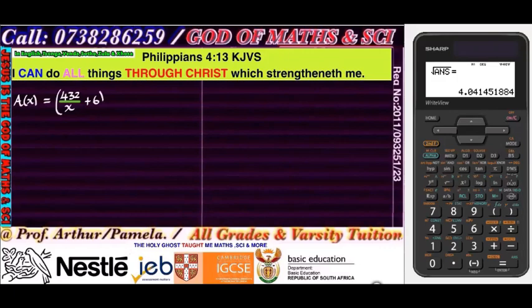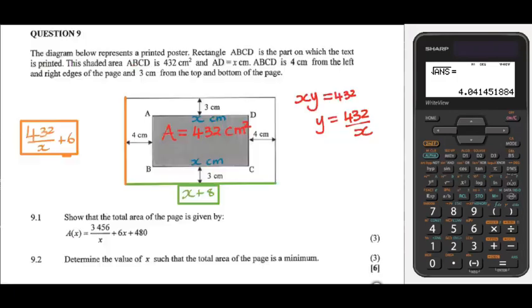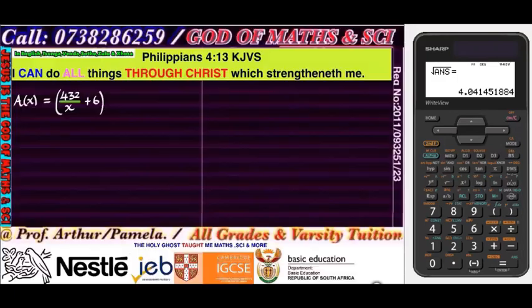Put that in a bracket. And then the green one, x plus 8. That's all we need to do. We multiply that, and we get the answer.